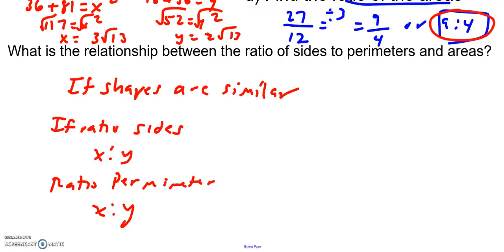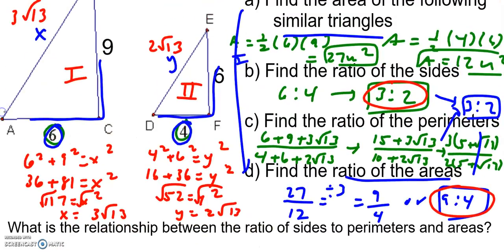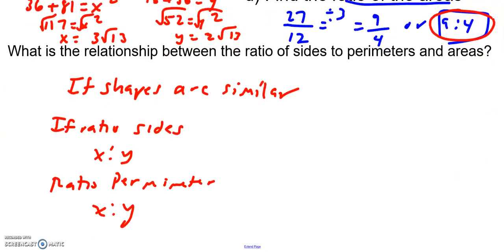Because if I look back up at the problem I just did, the ratio of the sides and the perimeter ended up being the exact same, which makes sense with what we've been doing, by the way. Because if these units had something like centimeters on them, your ratio for the perimeter would also just be centimeters.